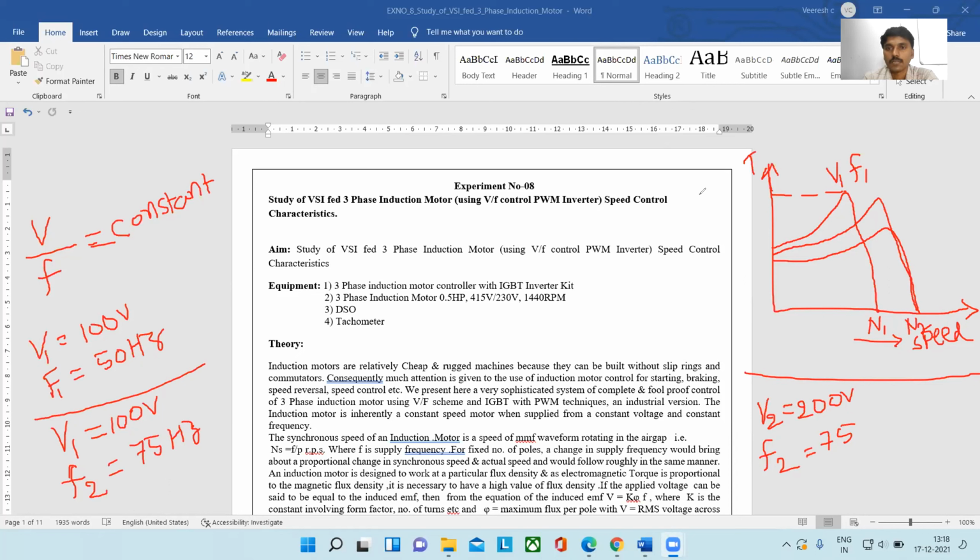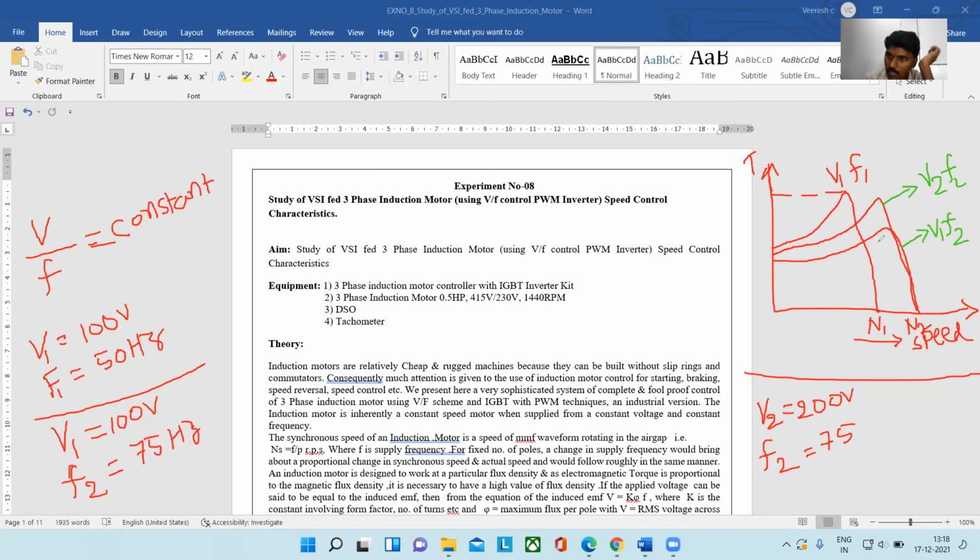This is the curve V1 comma F2, and this is the curve V2 comma F2. Clear? So from these three graphs, what we can observe.